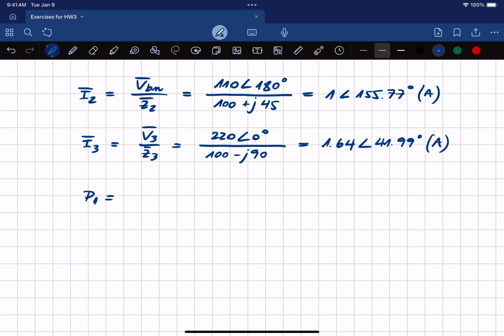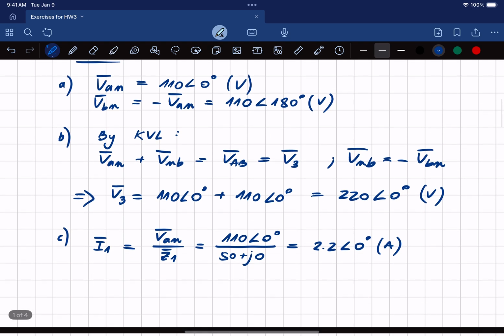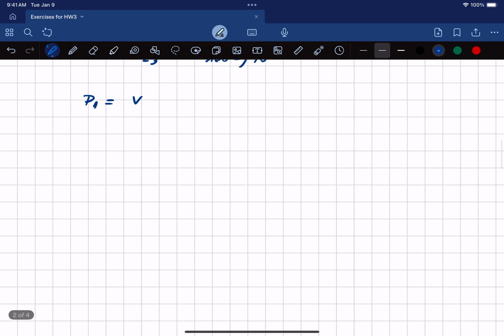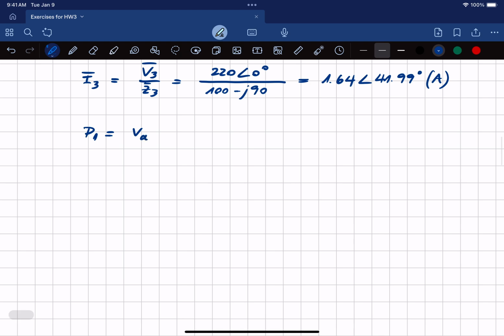And now that we have voltage and current, real power is simple enough with this formula. P1 is going to be the voltage at that element, so VAN, since we're not using the bar on top, we're referring to the magnitude, times I1, magnitude again, times the power factor, or let's call it cosine of the angle of the voltage minus the angle of the current.